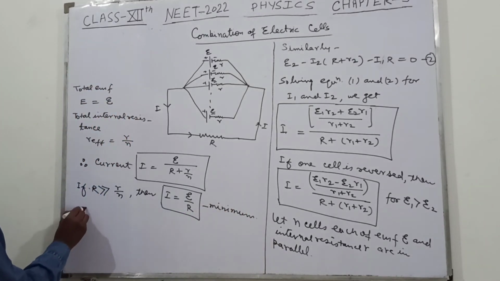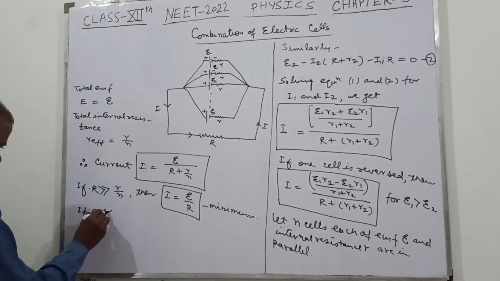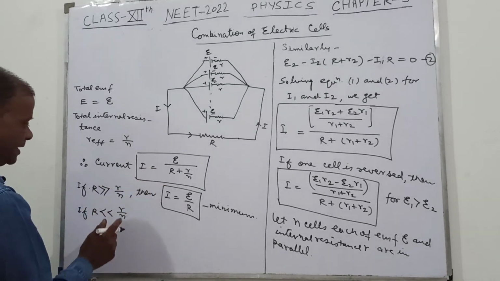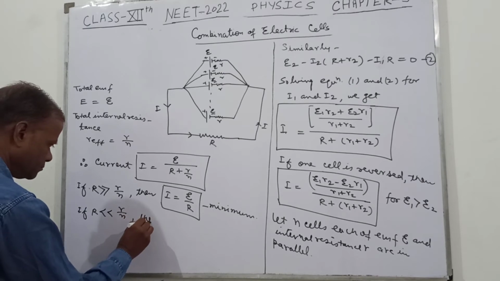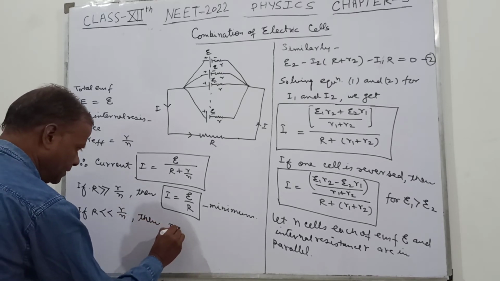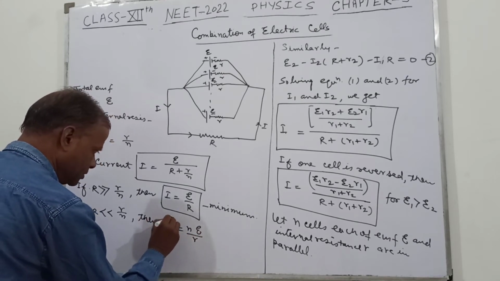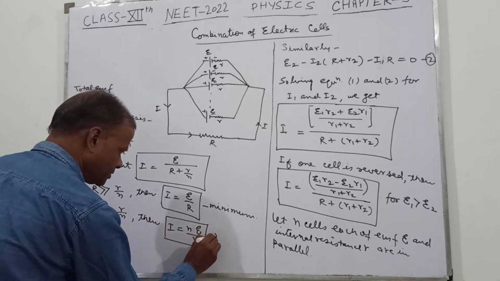And if R is very much less than R upon n, then this R will be neglected. Then I equals nE upon R. This is the maximum current.